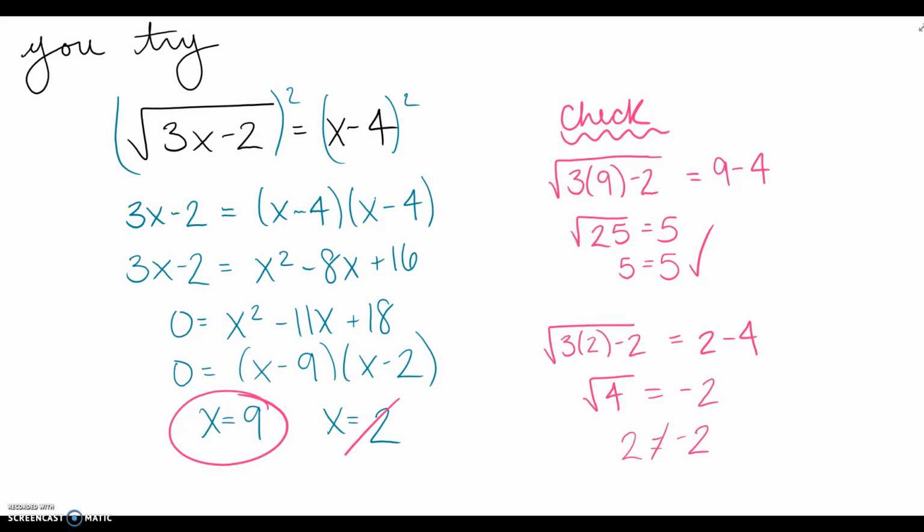Alright, so hopefully you and your group mates squared both sides, double distributed correctly, getting x squared minus 8x plus 16, moved everything to one side, getting x squared minus 11x plus 18, factored correctly what multiplies to 18 and adds to negative 11, negative 9 and negative 2. So your answers after the zero product property are 9 and 2. But after a check, you'll confirm 9 is a solution. However, 2 is extraneous. And that is it.